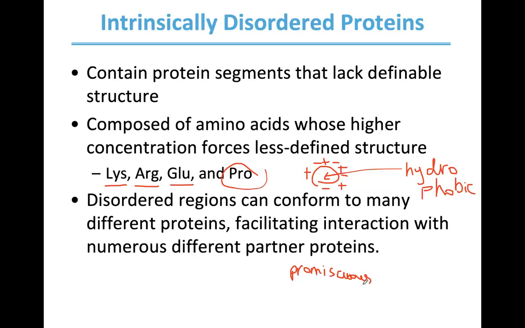Which means they can interact with different protein partners, right? Since they don't have a specific definable structure, they can interact with many proteins and form some kind of bridges, glues, stickers, whatever, can perform different functions between different proteins, right?